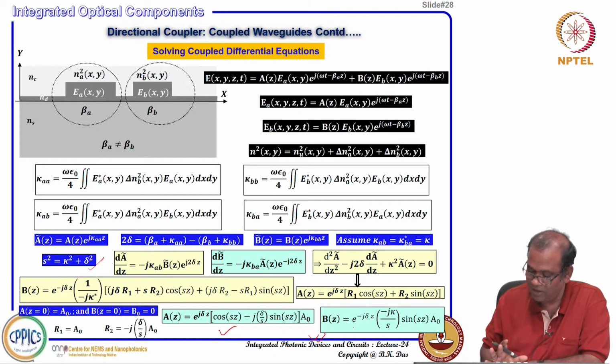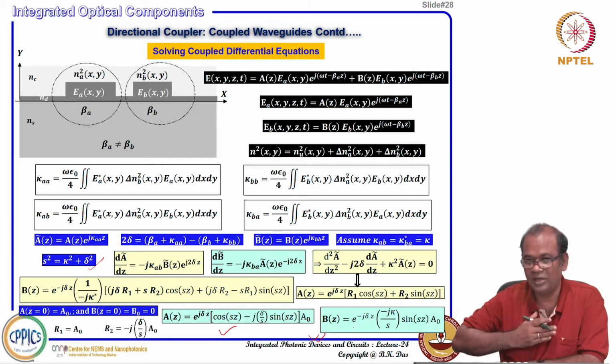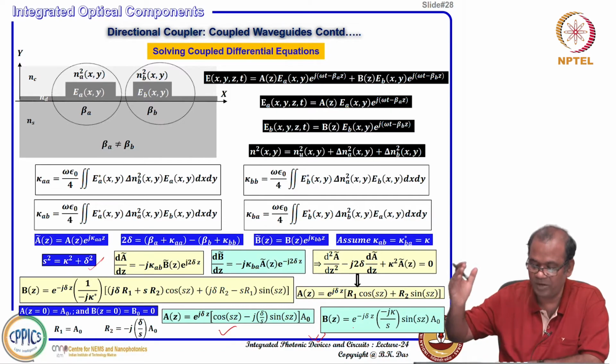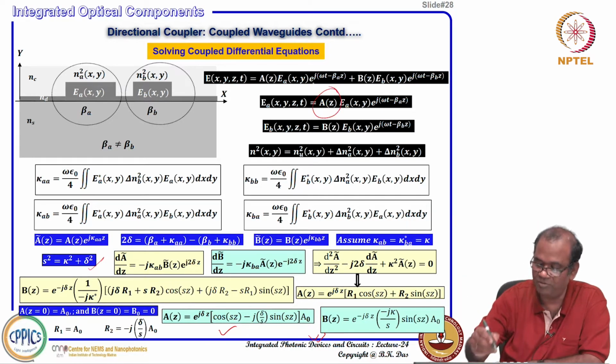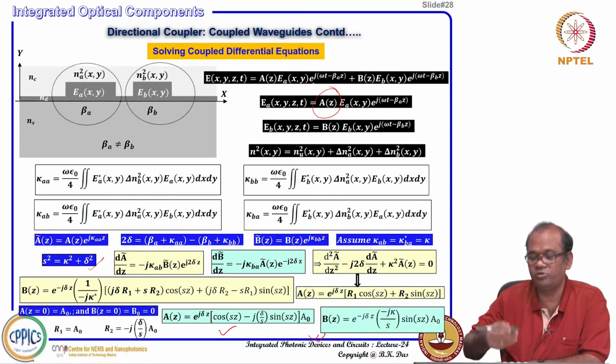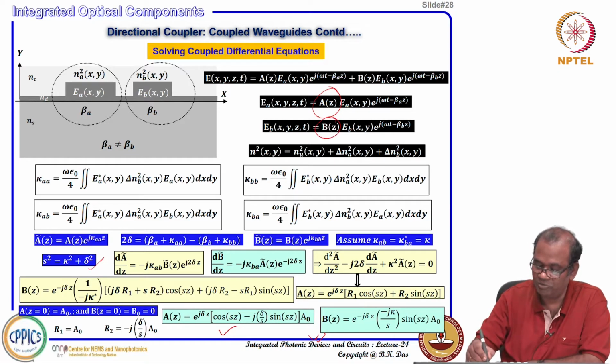So, you know how, if it is propagating z dependent, this Az amplitude will be evolving and Bz will be evolving. Whatever it evolves, an additional phase kappa A z also has to be multiplied, then that gives you the complete thing.